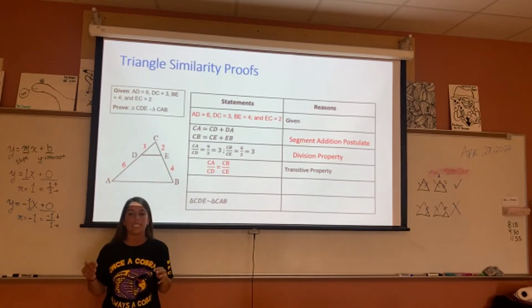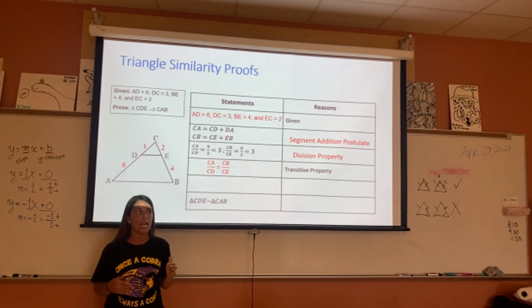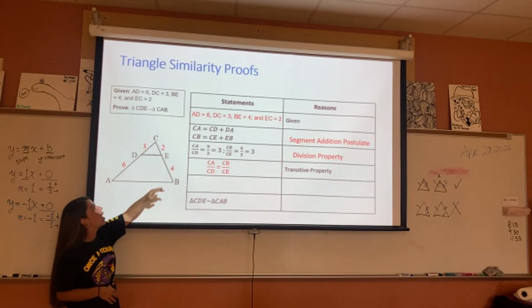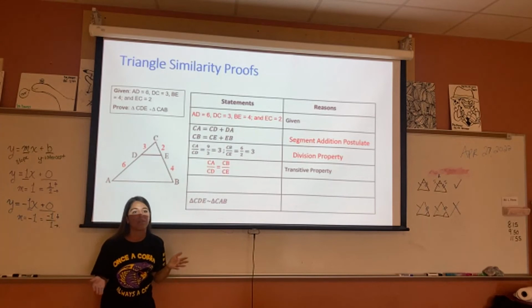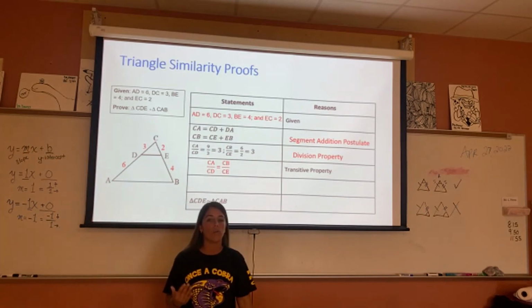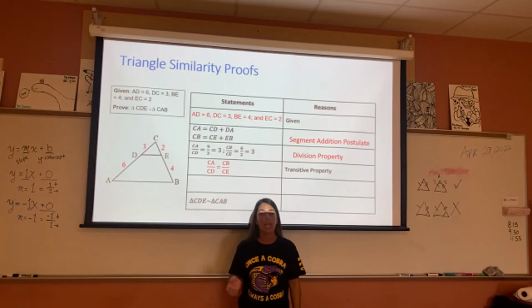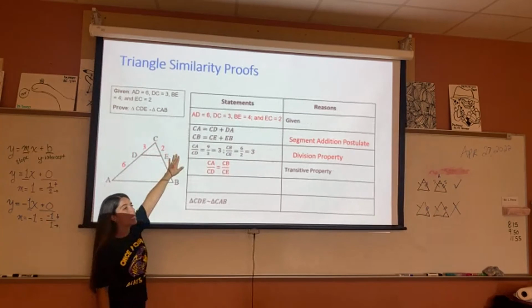If we were going to use side, side, side, remember, you've got to know 5 out of the 6 sides. I only know 4 of my sides. I can't figure out if DE is proportionate to AB because I don't know either one of those sides, which means my only option here is to use that side angle side similarity. I have a proportionate side here. I have a proportionate side here.